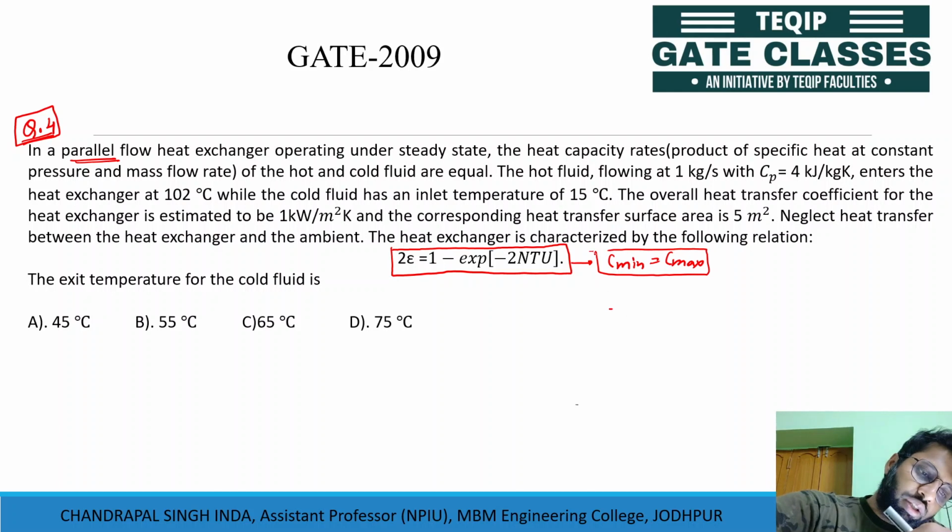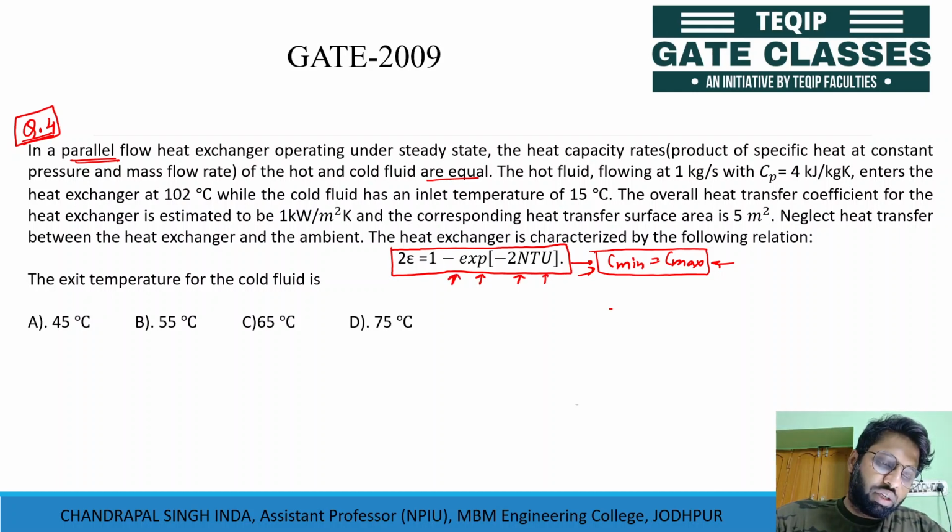Let's see what the question says. In a parallel flow heat exchanger operating under steady state, the heat capacity rates, the product of specific heat at constant pressure and mass flow rate, of the hot and the cold fluids are equal. So it is given, and we have applied this formula. In that case, the heat capacity of the hot and the cold fluid is required to be the same.